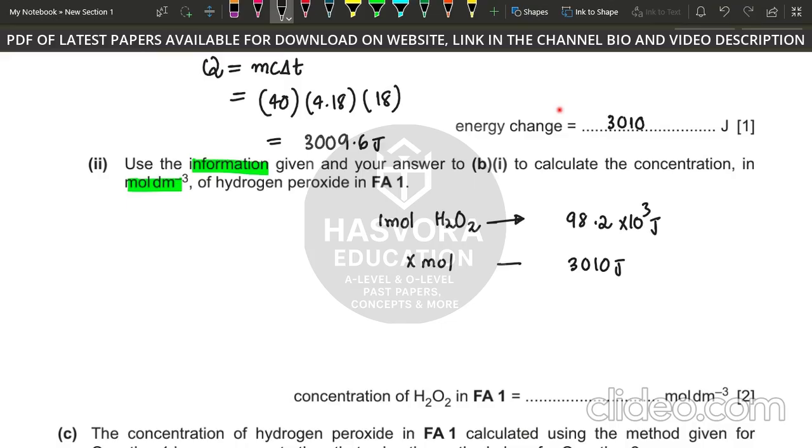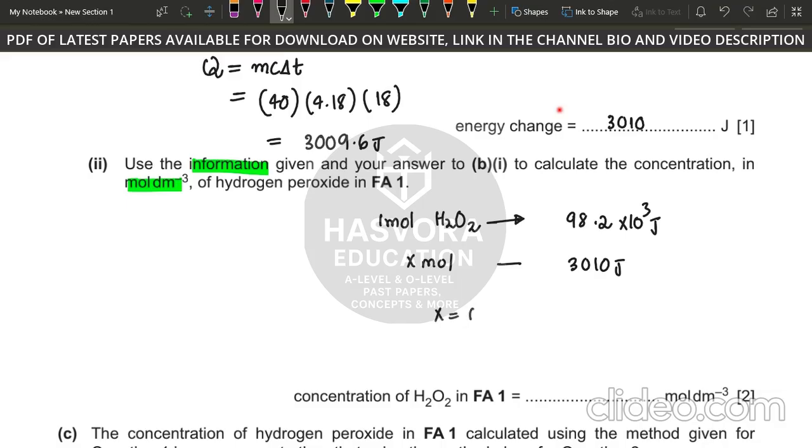Okay, so this will be, let's calculate this, 3009.6 into 1, and then divide this by 98.2 into 10 power 3. Let's calculate this now. So this will be equal to 0.03.